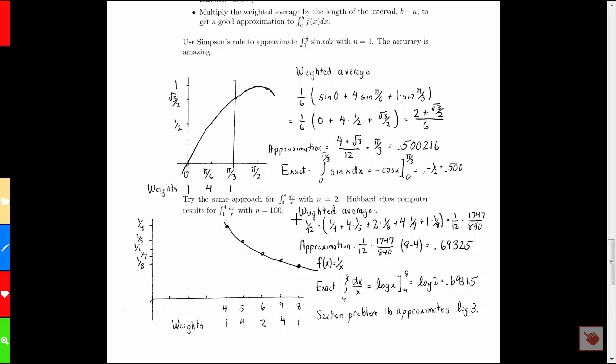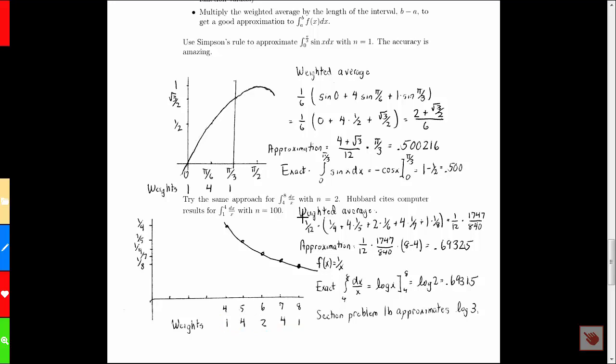So we'll do our weighted average. We're going to have to evaluate at 4, 5, 6, 7, and 8, and the weights by Simpson's rule are 1, 4, 2, 4, 1. Those sum to 12.